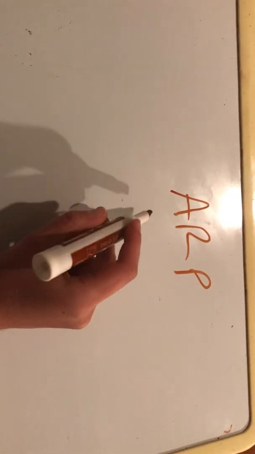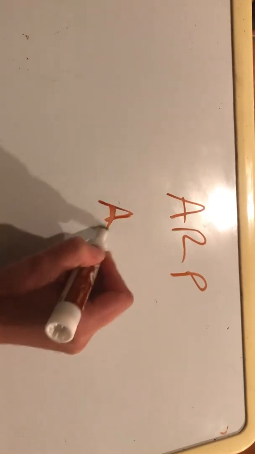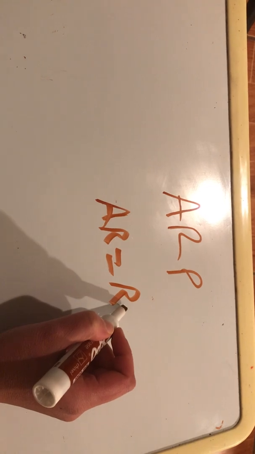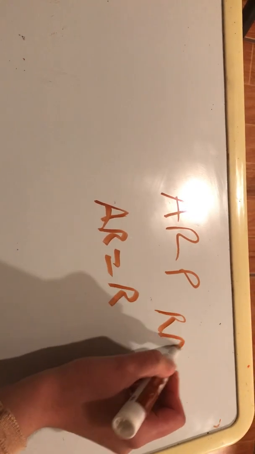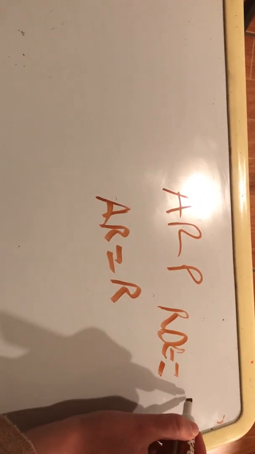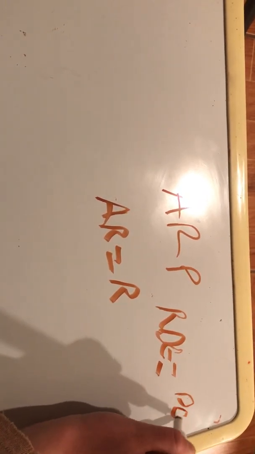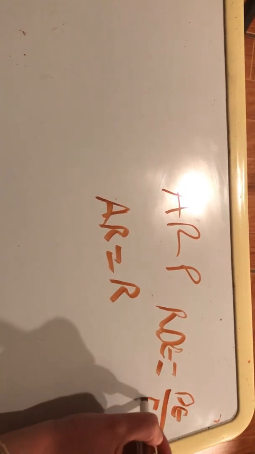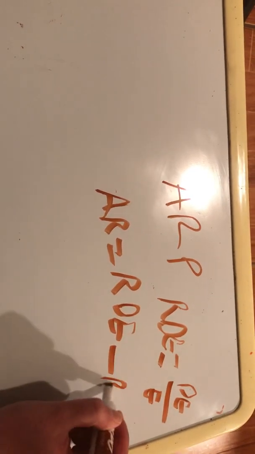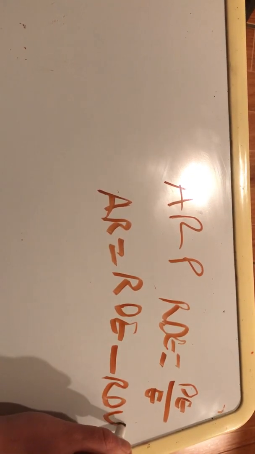Now we're going to see the attributable risk percent. This is the attributable risk, that is, the rate of disease in the exposed group, this would be the disease in the exposed group divided by the exposed, minus the rate of disease in the unexposed.